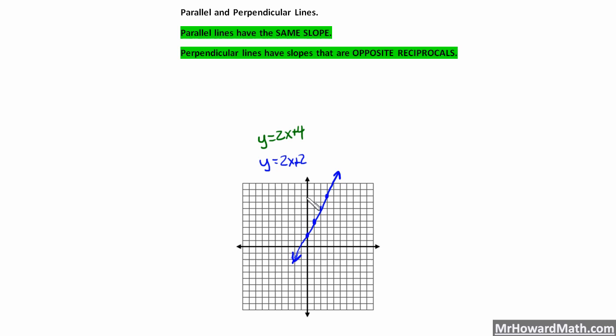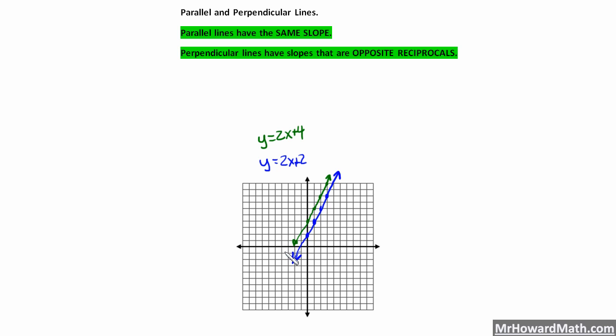For this line, we're going through a y-intercept of 4, so that's 1, 2, 3, 4 here. Then we're going up 2 and over 1, up 2 and over 1, and up 2 and over 1. Our line is somewhere just like this. That makes sense, that these two lines are parallel because they have the same slope.